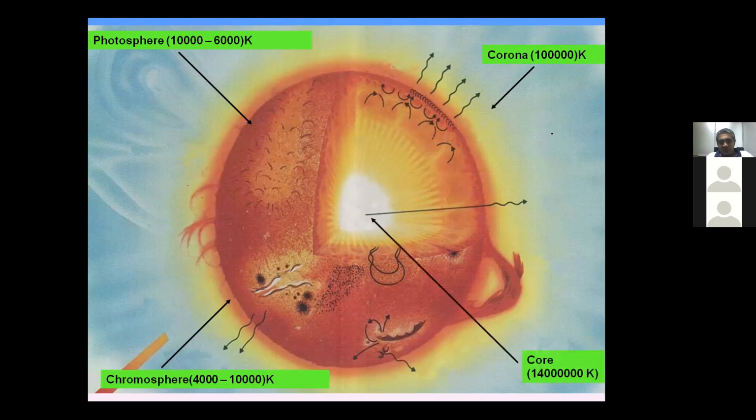The core is where the energy production is going on. The core is 150 million Kelvin. It's very hot, right? The nuclear reaction takes place there. The energy produced in the core is distributed through the radiative zone, and then we have the convection zone.